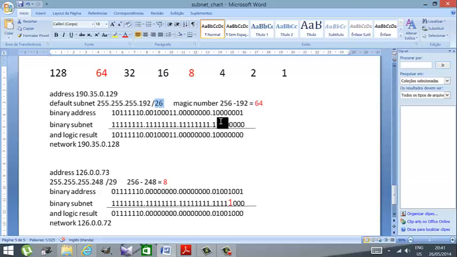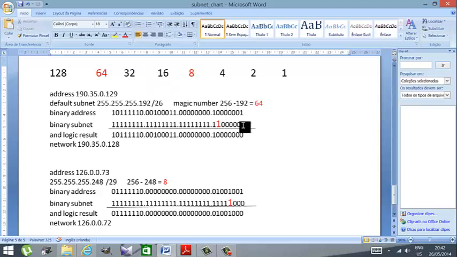So the last one in the subnet mask is your magic number. So you're going to increase the network by 64. If, let's say, the one was here in the third position, the magic number was going to be 32.